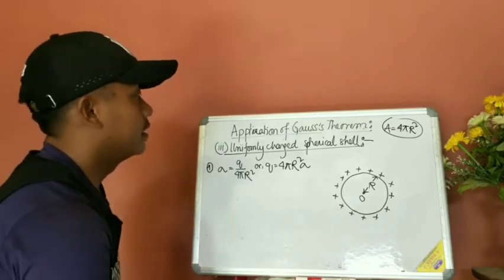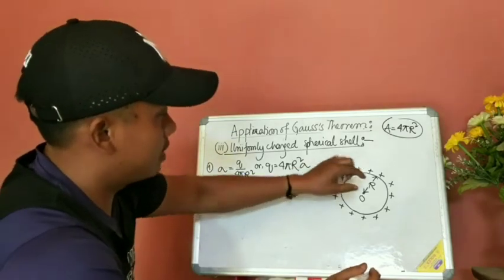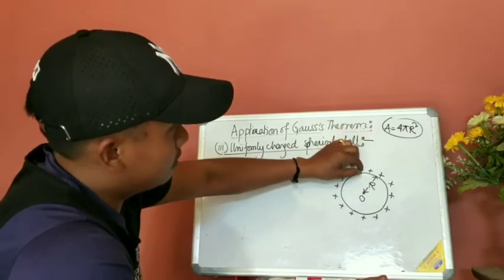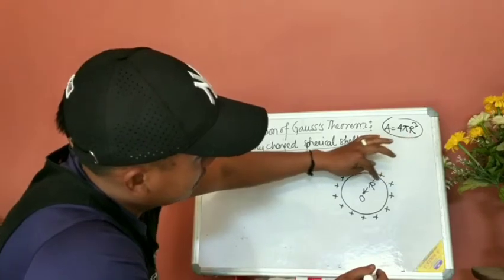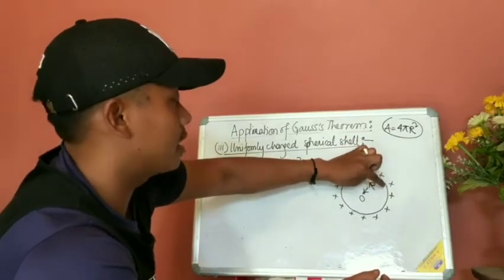Then there are three possibilities here to measure the electric field by using Gauss theorem. You can measure the electric field somewhere outside the surface, inside the surface, or just on the surface. These are the three possibilities.